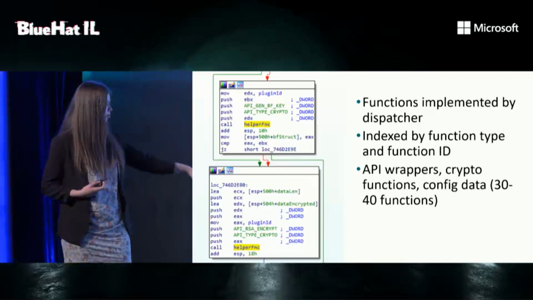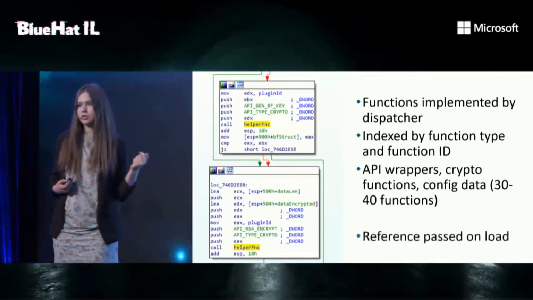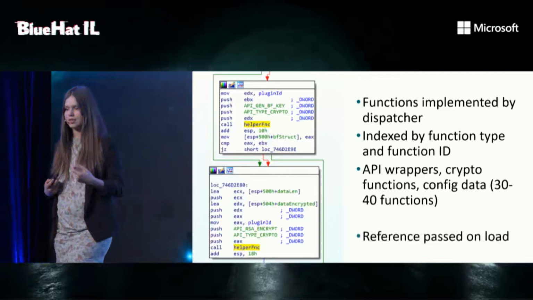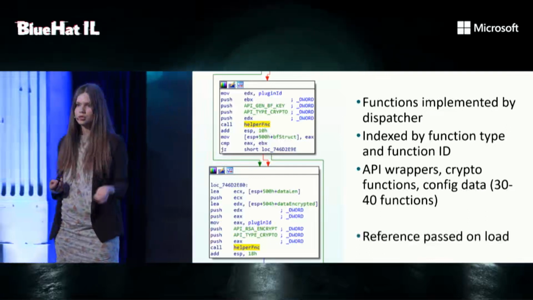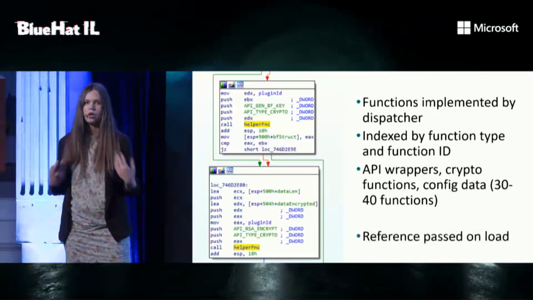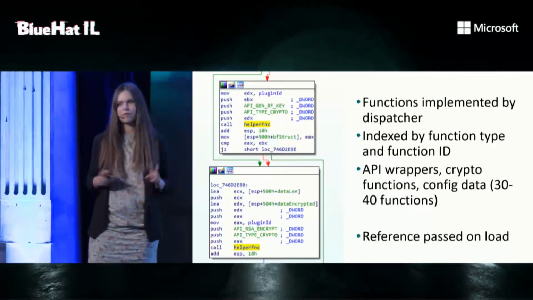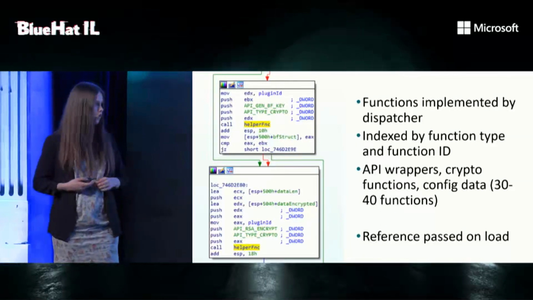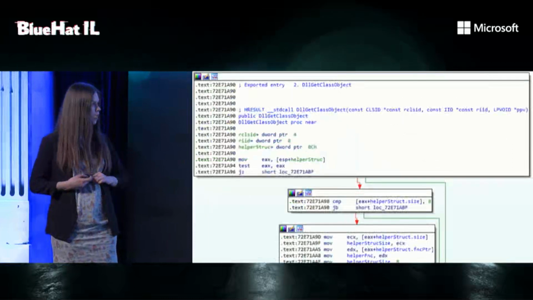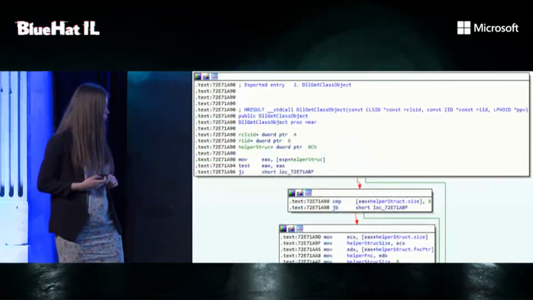So for this specific function, this is passed to the plugins on load by the dispatcher, and then subsequently, the plugins always use the functions of the dispatcher to do the basic Windows API functions and crypto functions. And so this is how the load looks like.